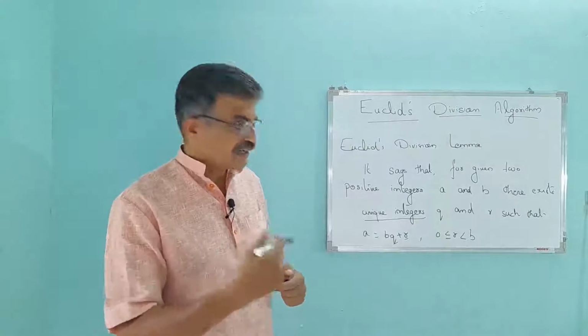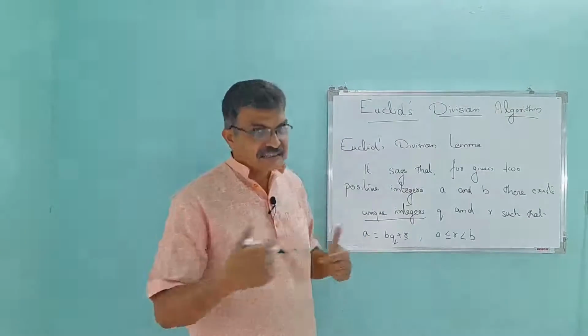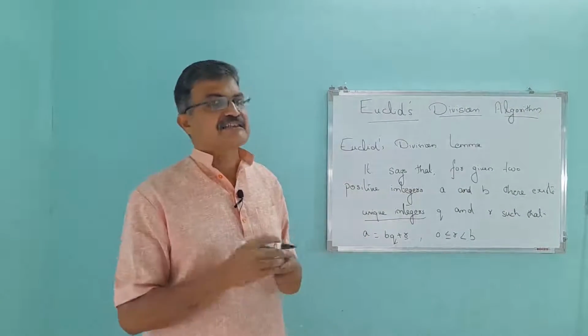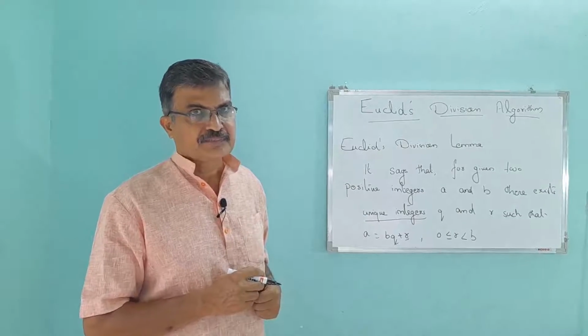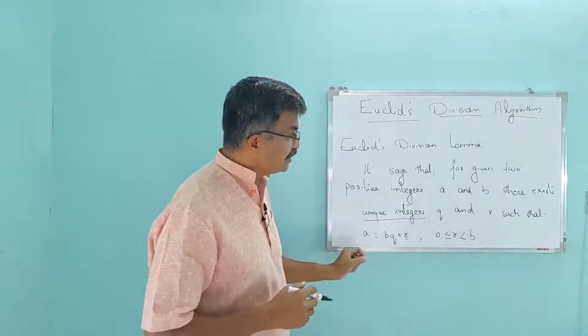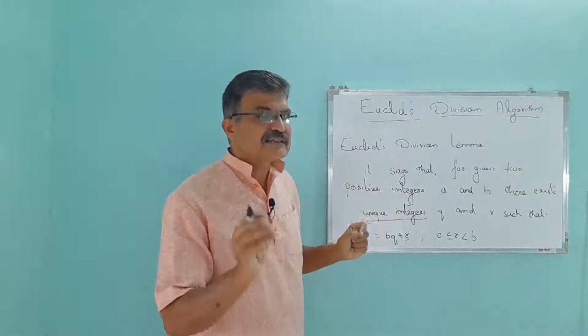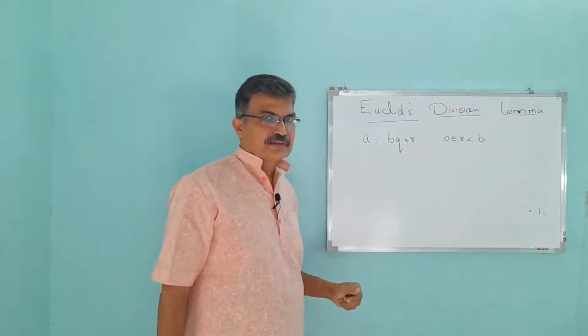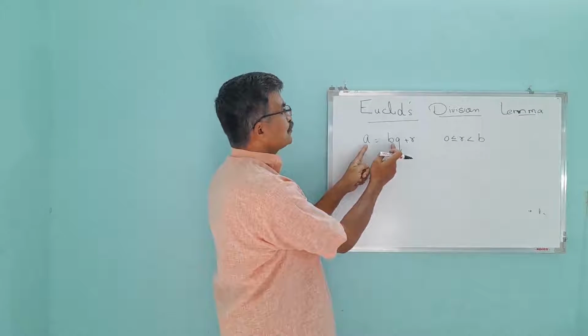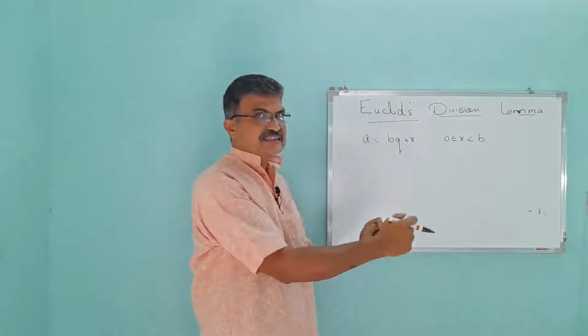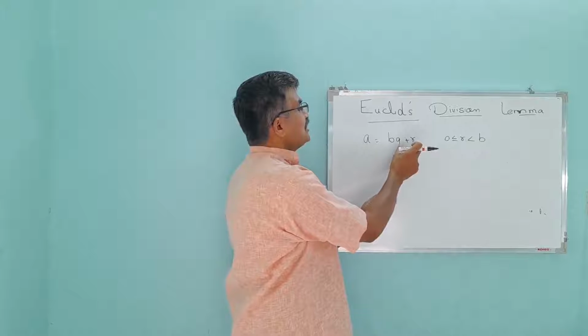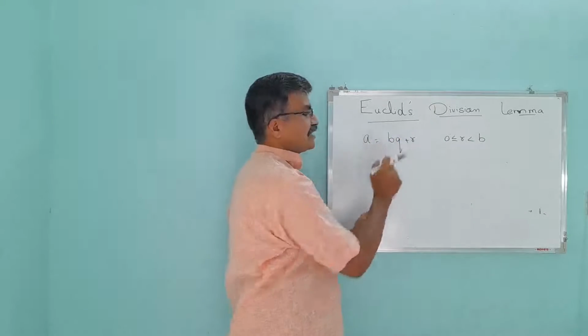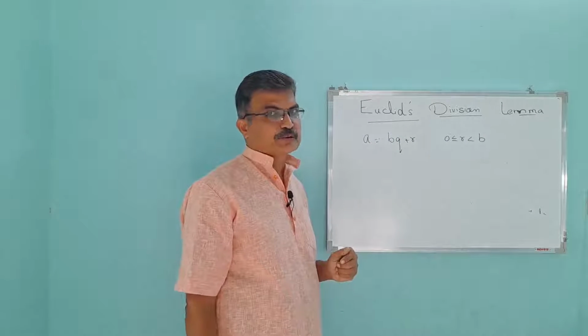They were attributed to this lemma later, in the 19th century. Let us look at this lemma in a little more detail. For two given positive integers a and b, there exist two unique integers q and r such that a is equal to bq plus r.